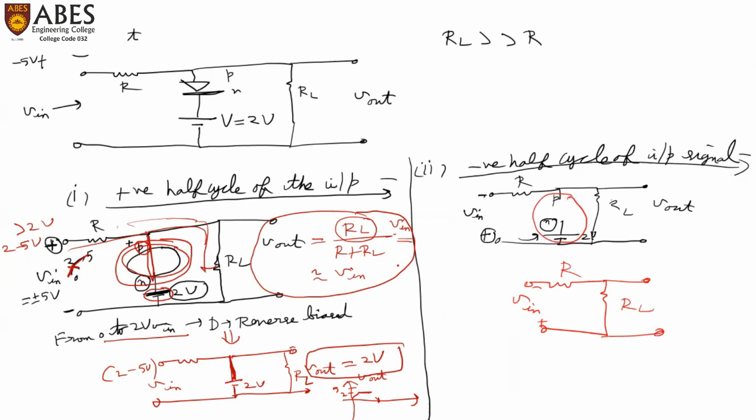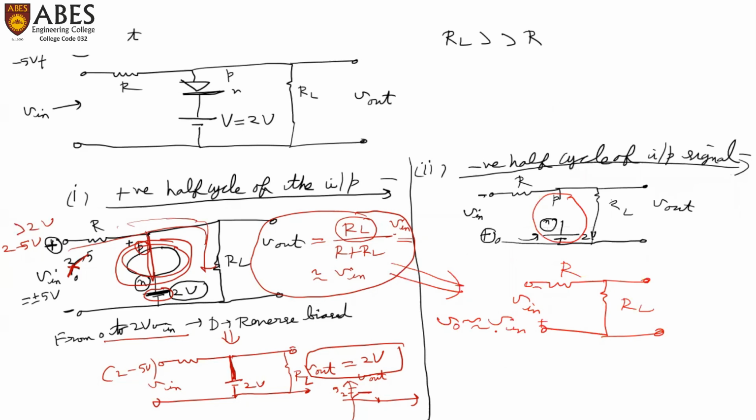So V output will be nearly equal to V in. That means output will follow the input completely in the negative half cycle. That means it will be something like this one.